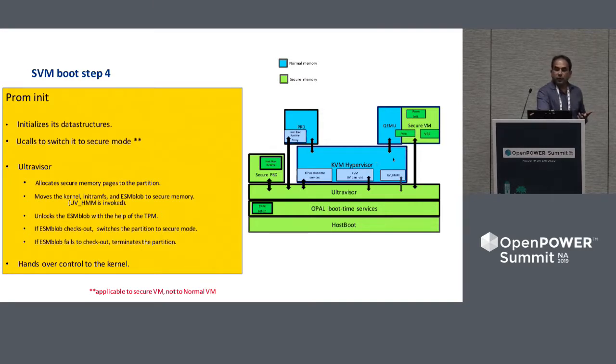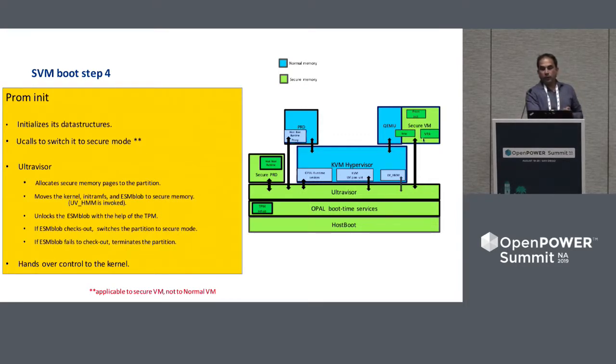So the hypervisor will not be able to service this virtual machine from now onwards, because it does not have access to the VPA area and the VirtIO area, and without that, the hypervisor will not be able to do any of its operations on behalf of the secure virtual machine.